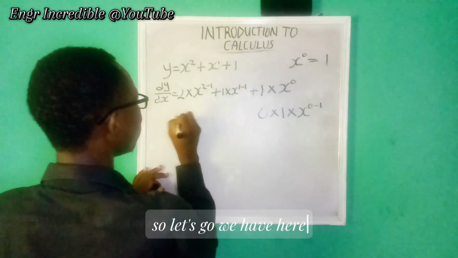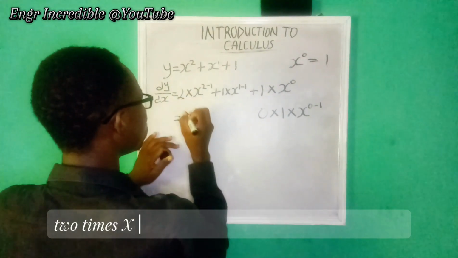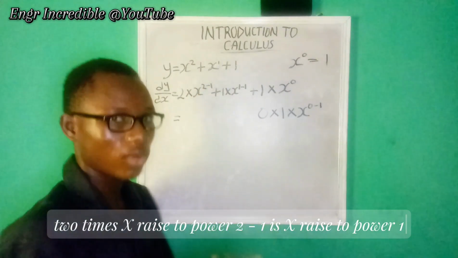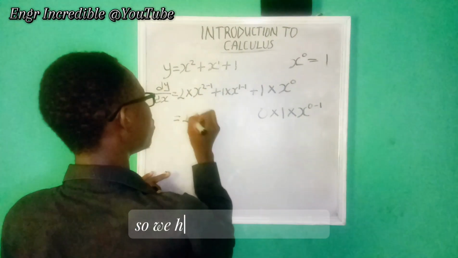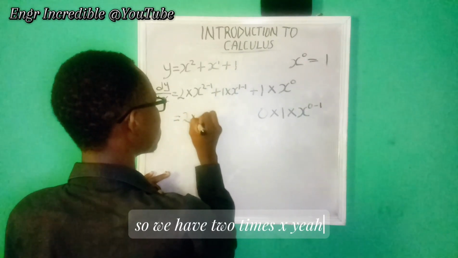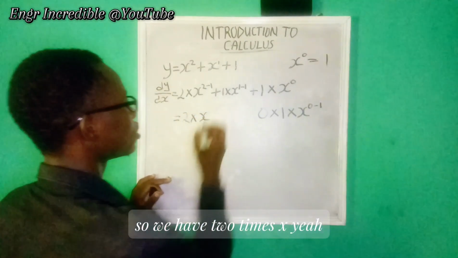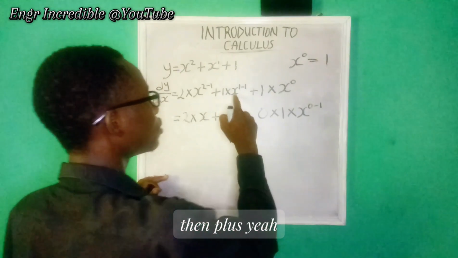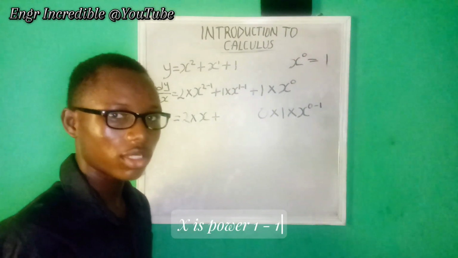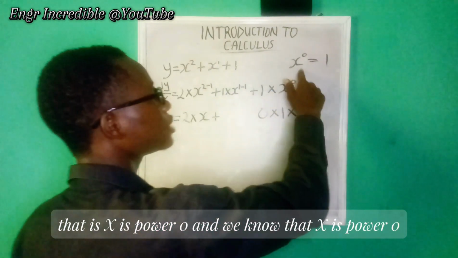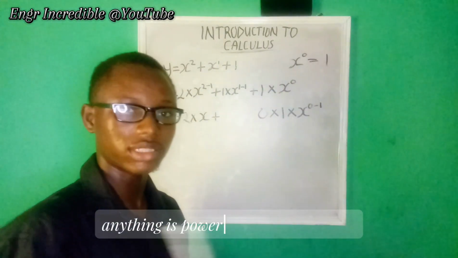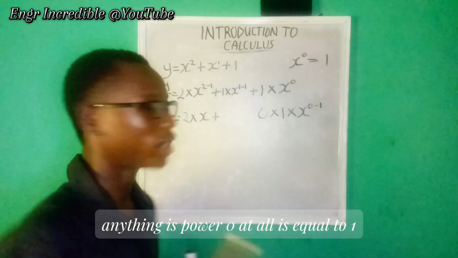But let's go. We have here 2 times x raised to power 2 minus 1, which is x raised to power 1, as we have gotten earlier. So we have 2 times x here, then plus x raised to power 1 minus 1. That is x raised to power 0, and we know that anything raised to power 0 is equal to 1.